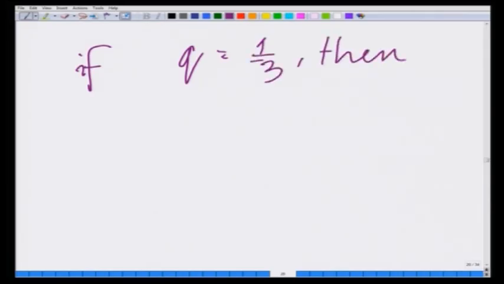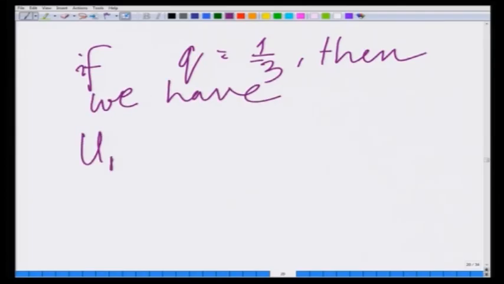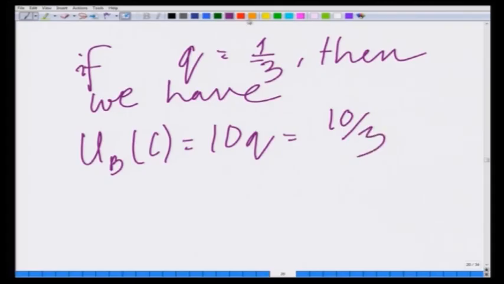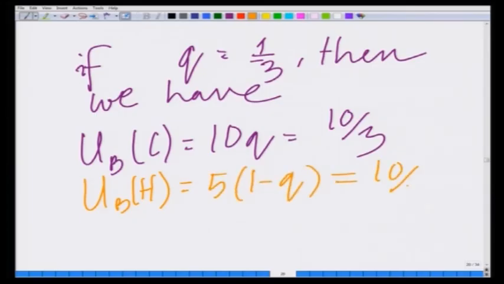Then the payoff to the boy from cricket is 10 times q, which is 10 by 3, and the payoff to the boy from the Harry Potter movie is 5 times 1 minus q, which is equal to 10 by 3. So, the payoff from cricket and the payoff from the Harry Potter movie are exactly identical, 10 by 3.